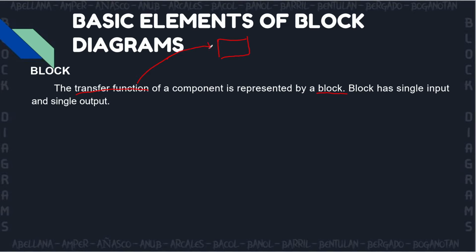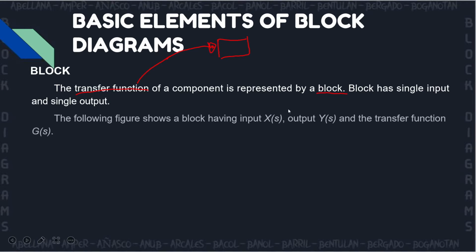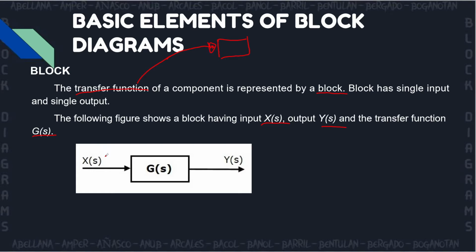A block has a single input and a single output. The following figure shows a block having input X(s), output Y(s), and the transfer function G(s).